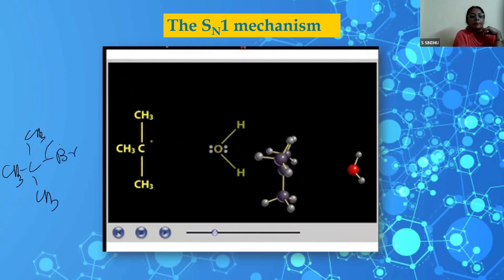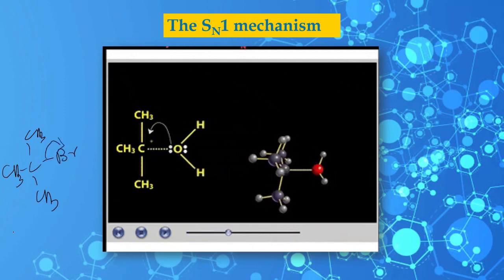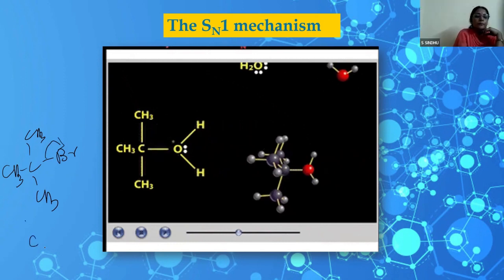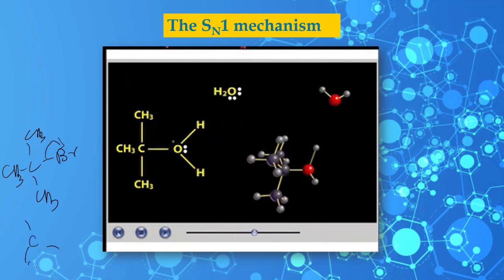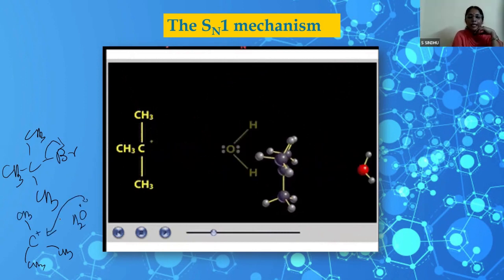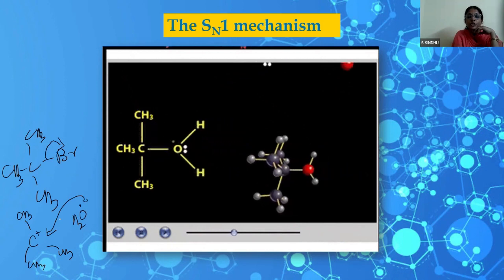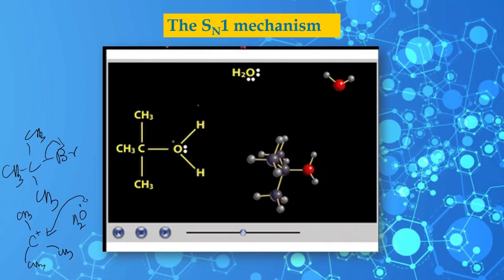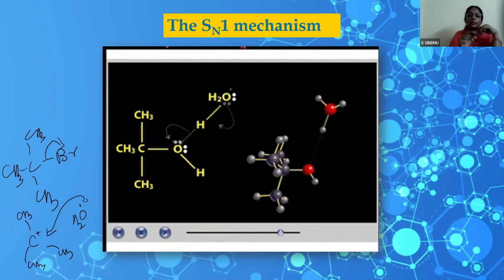The first step will be the bromide moving out, and therefore a carbocation is formed. Then we have the water molecule attacking on it through its lone pair. So we are getting (CH3)3COH2 plus, this is formed, and then one proton is eliminated. So you get the alcohol.